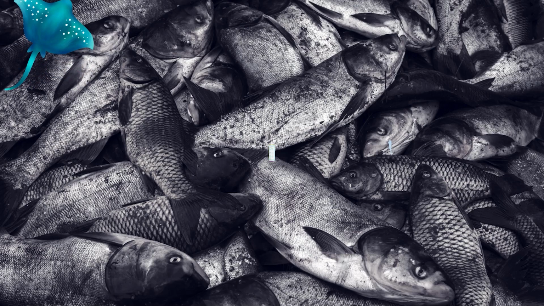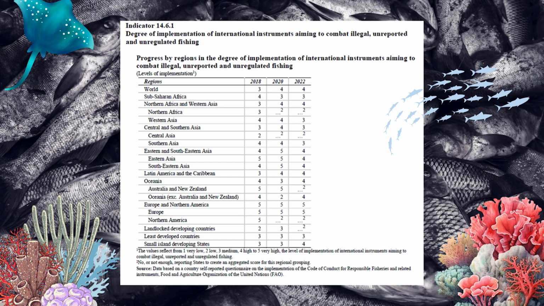Right. To look into these targets, we have the indicator, the degree of implementation of international instruments aiming at combating illegal, unreported, unregulated fishing. Here also, if you look at the global context, we are not doing well.